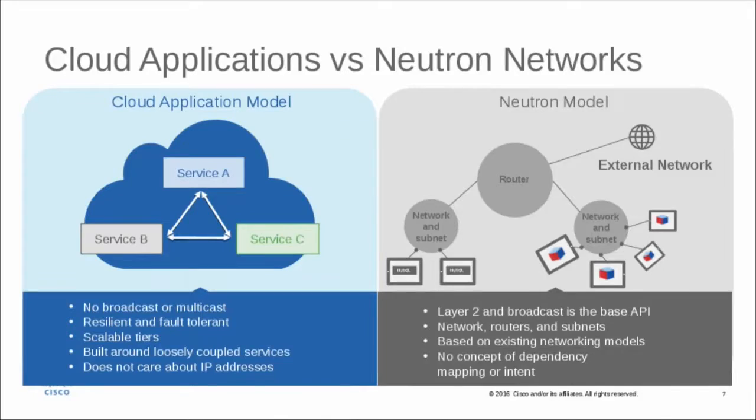But often what we were exposing to people were logical layer 2 networks, logical layer 3 networks, with no concept of application or dependency anymore. And really what we thought is, well, we can do better than this. There's a couple dimensions by which we can do better. One is separation of concerns.